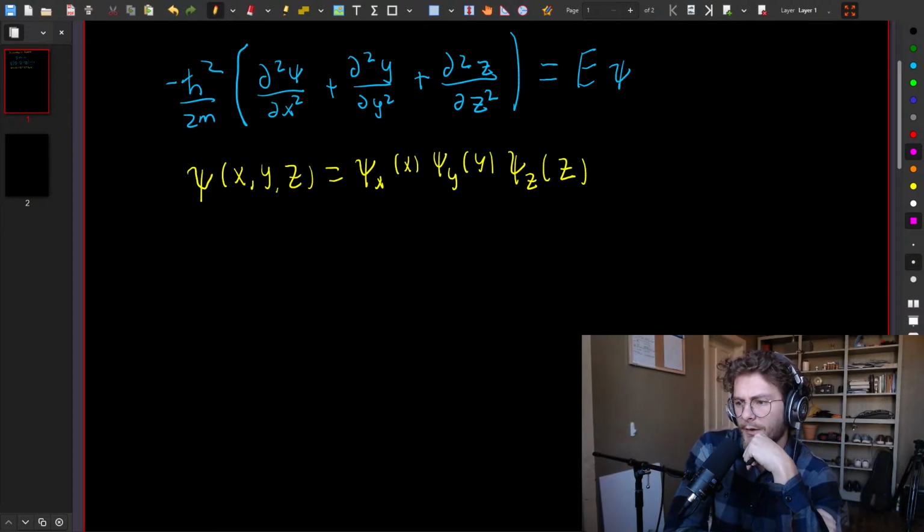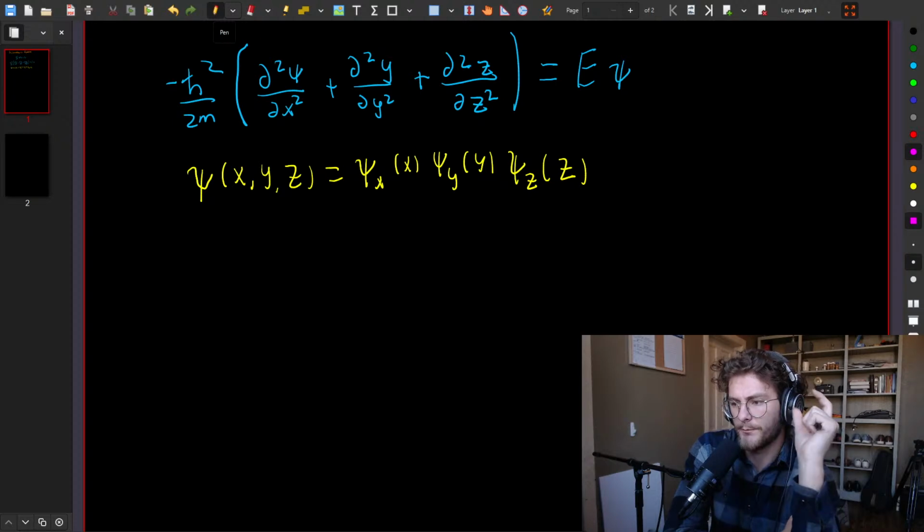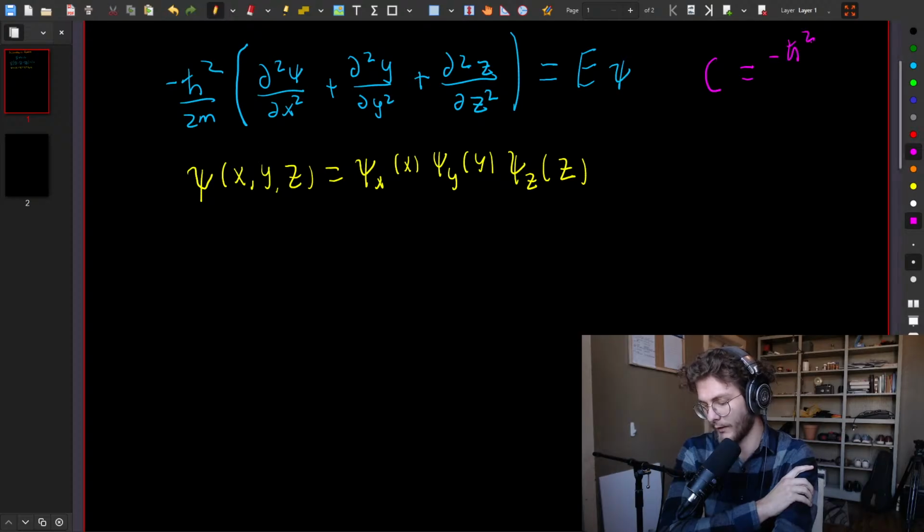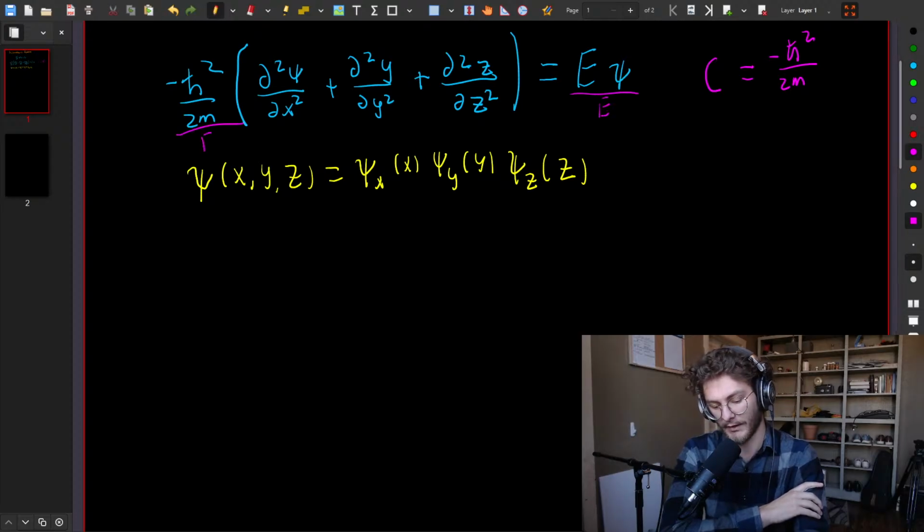So basically, my immediate thought is I want to set everything equal. If we divide by E, we get psi equals some big constant, where our constant equals negative h bar squared over 2m. What we can do is divide by E on both sides.